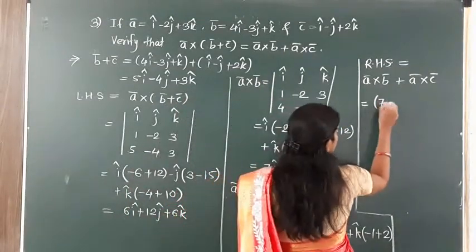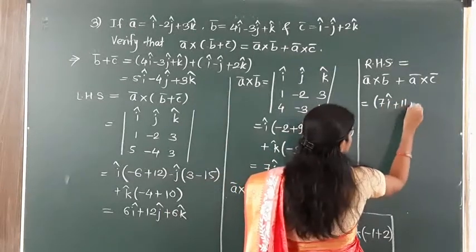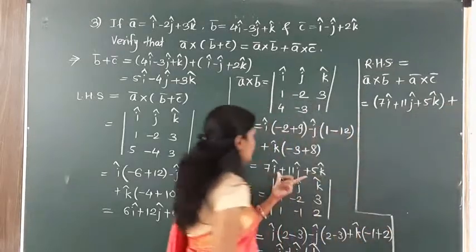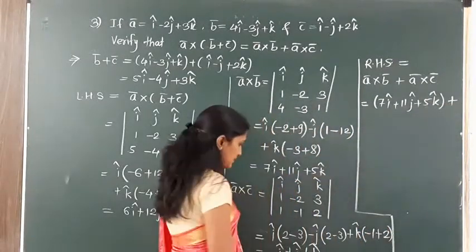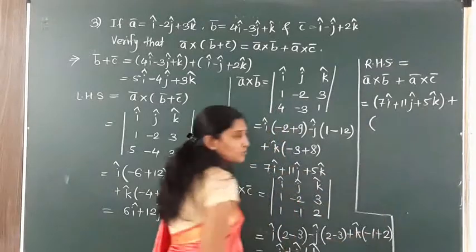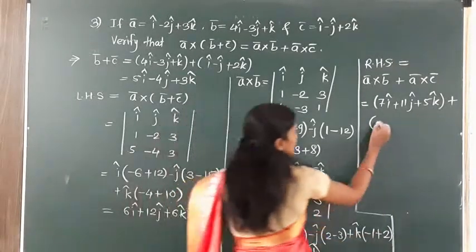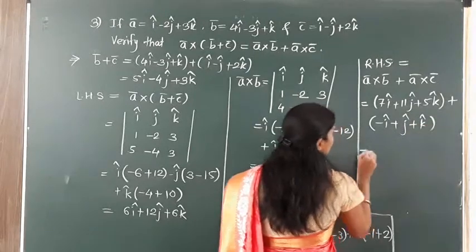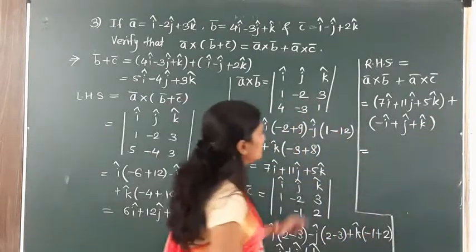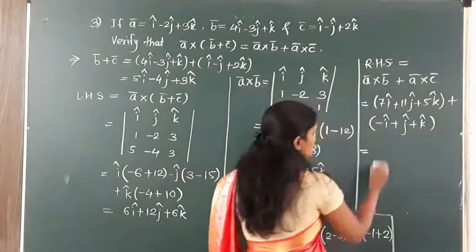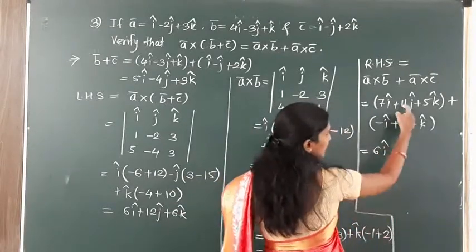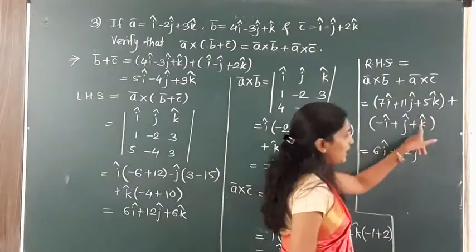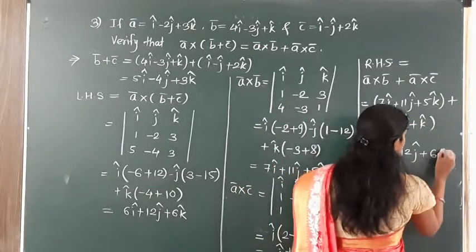It is 7i cap plus 11j cap plus 5k cap, and plus the other value, which is minus i cap plus j cap plus k cap. We add this: 7 minus 1 is 6, 11 and 1 is 12, and 5 and 1 is 6.